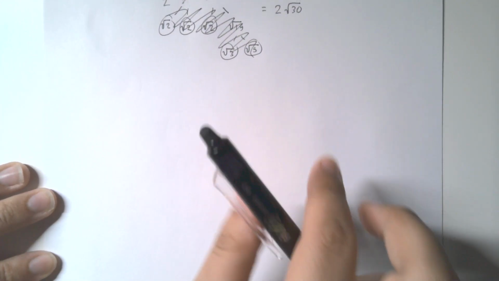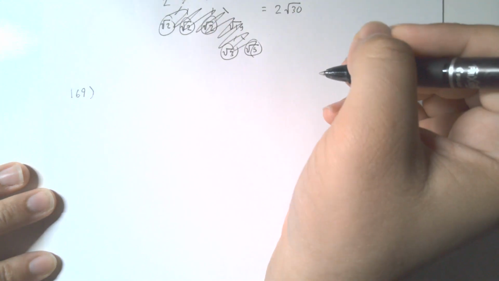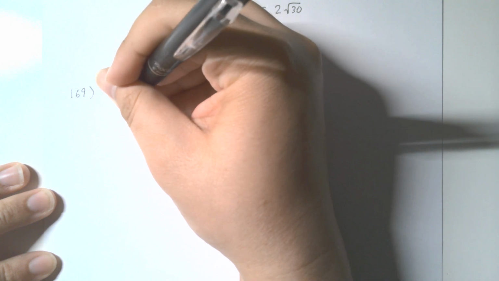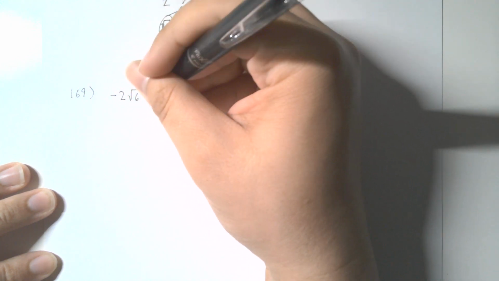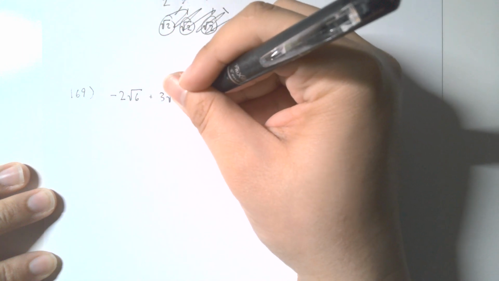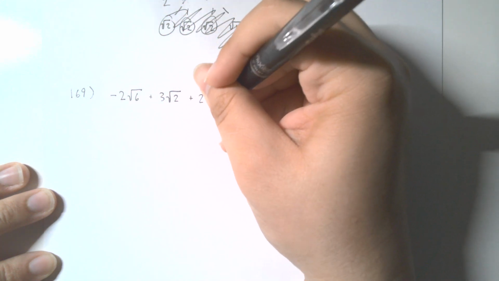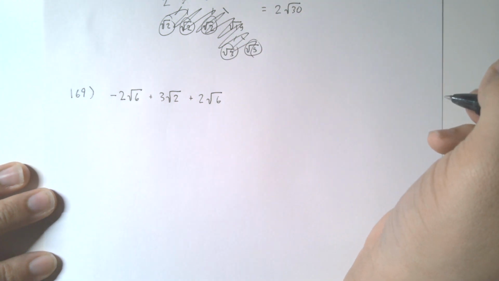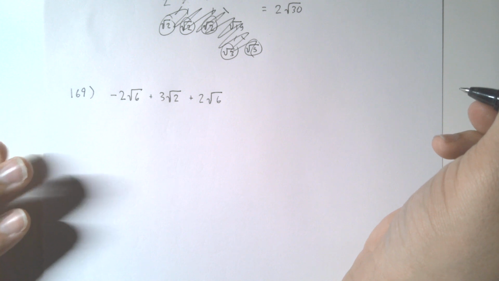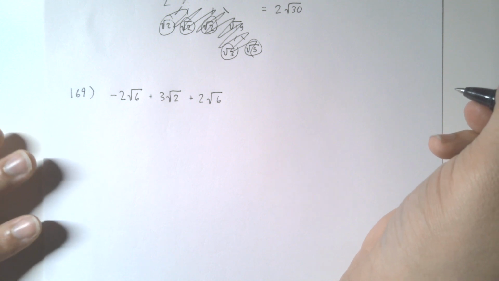So let's look at number 169. For number 169, we have negative 2 square root of 6 plus 3 square root of 2 plus 2 square root of 6. The other thing that we wanted to use is that we can add and subtract radicals just like we would variables.